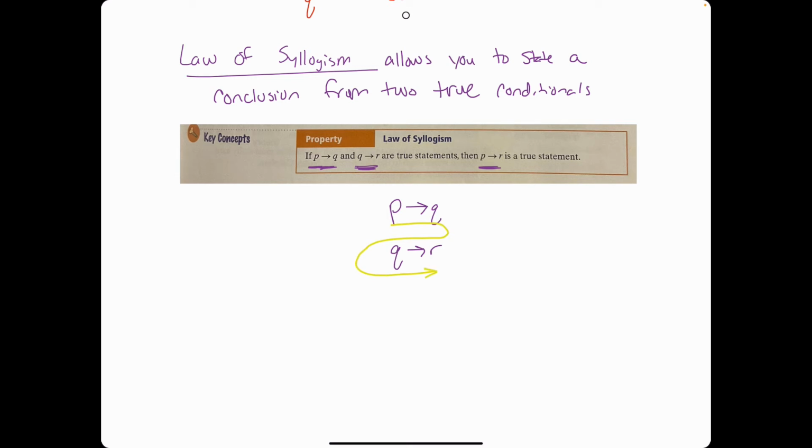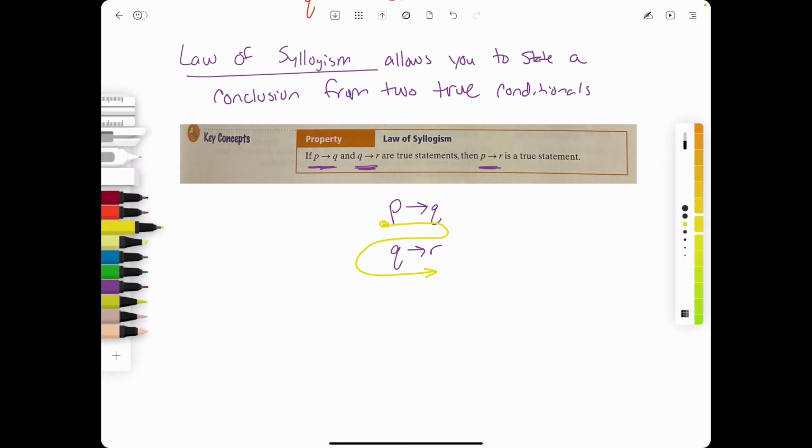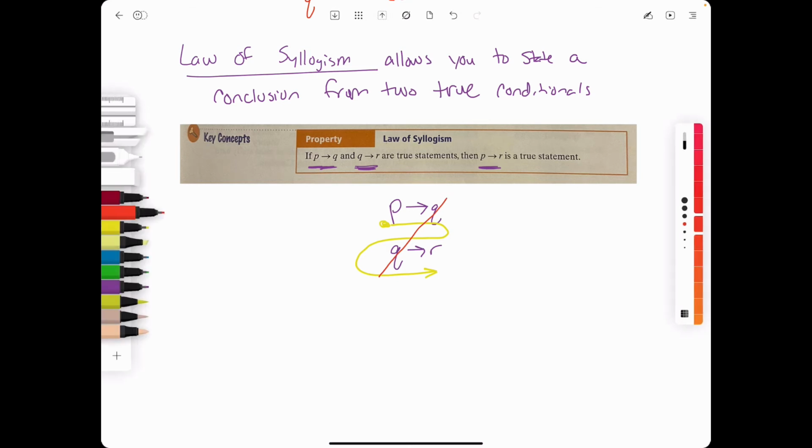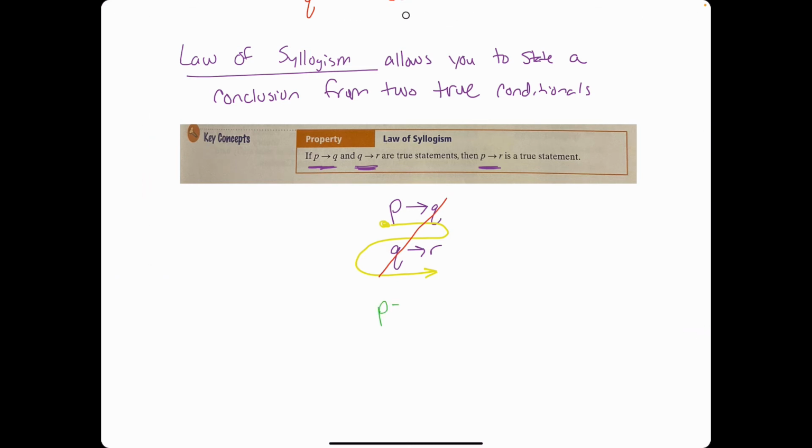I'm starting here at the P, going to Q, and then going back to Q and going to R. I can make it more simple. I can get rid of these extra Q's because it's just repeating itself. So I can then instead say if P, then R. So that you'll see it a little bit more clearly as we do an example. But that's the symbolic picture, I guess you could say, of it.